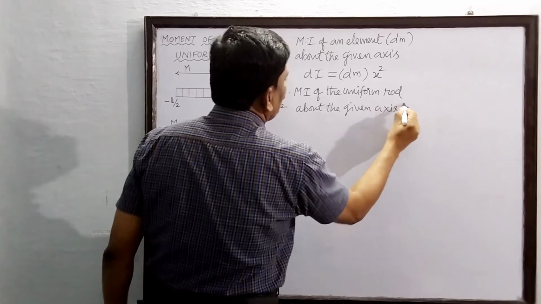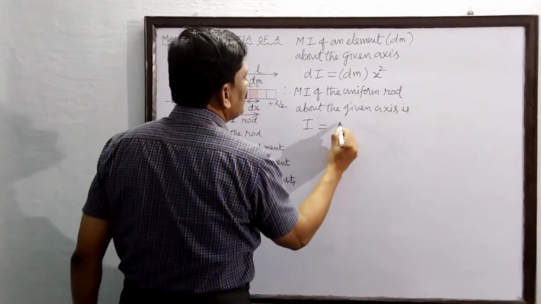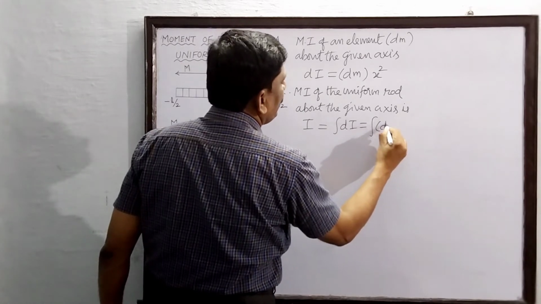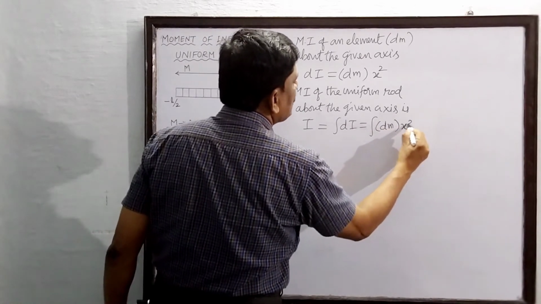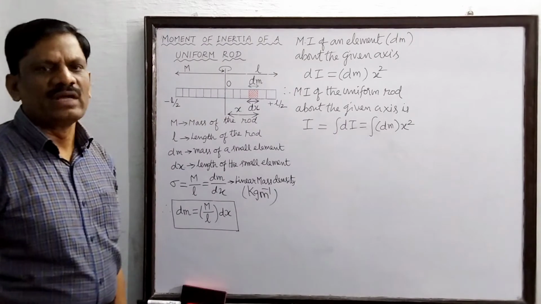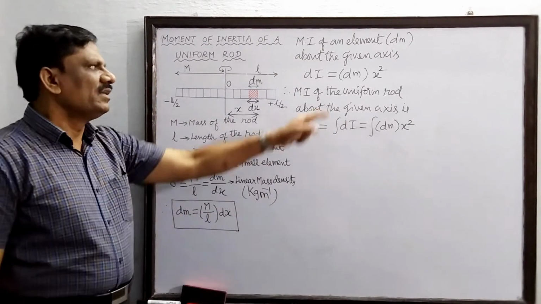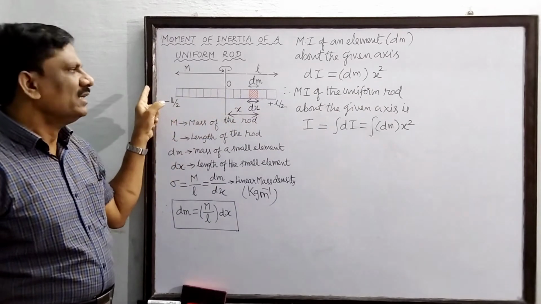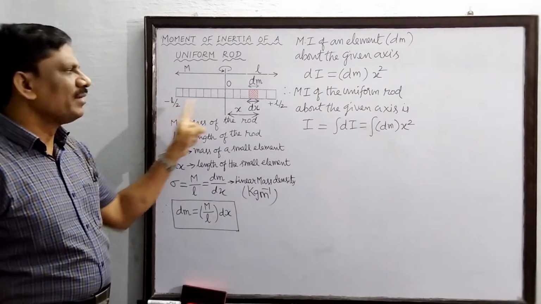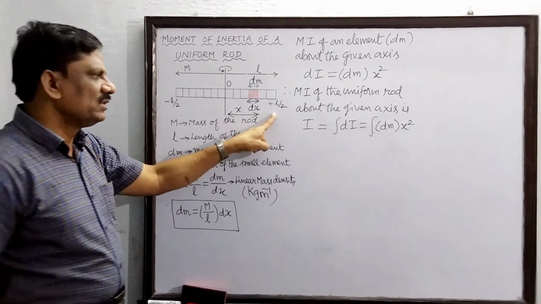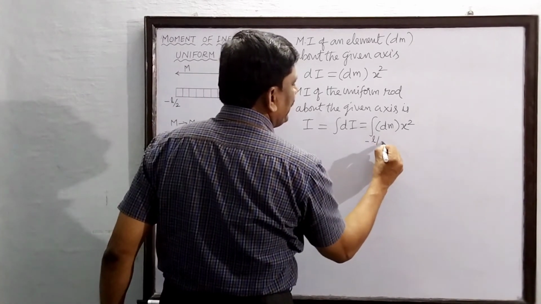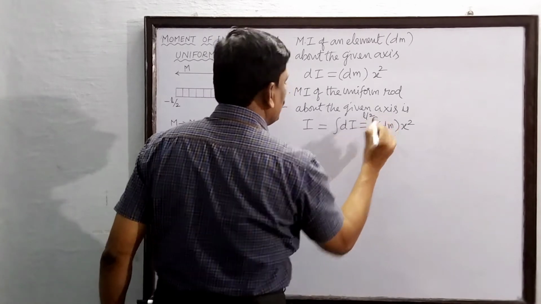is denoted by capital I is equal to integral of dI, that is equal to integral of dm into x square. So we are going to integrate the value of dm into x square for each and every element, ranging from minus L by 2 to plus L by 2. Therefore, the limits here should be minus L by 2 to plus L by 2.